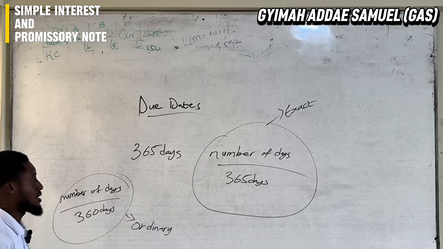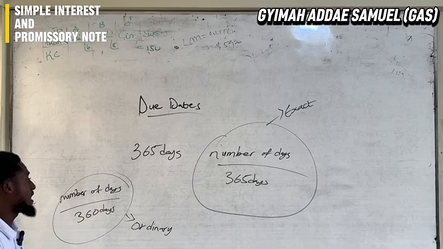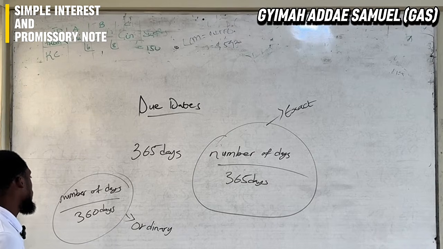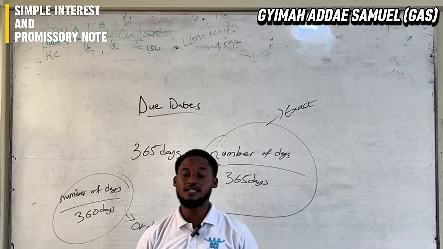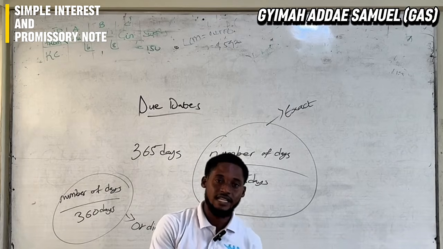So this is what I'm talking about. Under the exact, you divide the number of days by 365, and under the ordinary, you divide the number of days by 360.